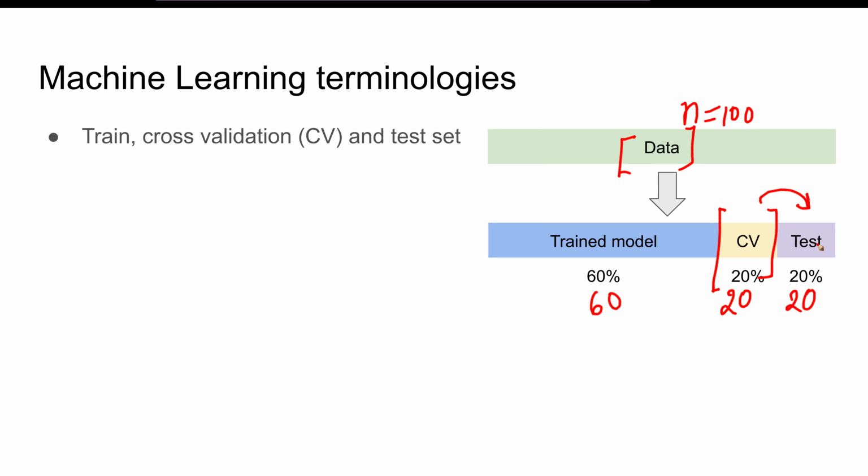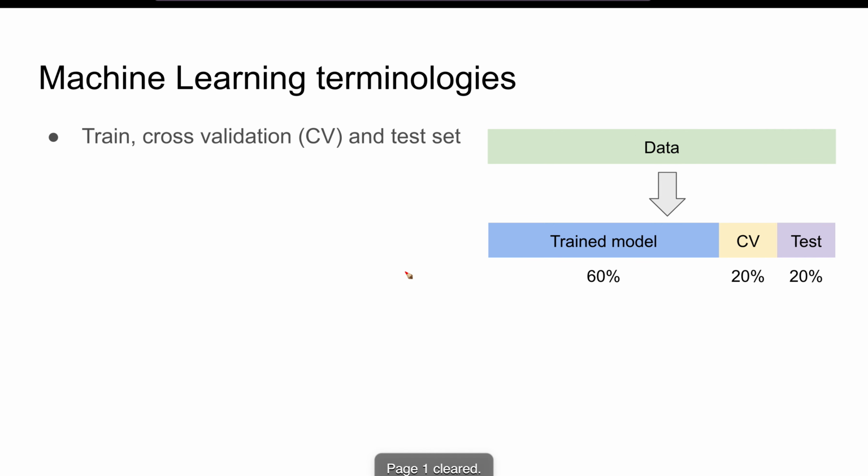And this is supposed to resemble the real world data set on which this trained model should work correctly. So it's important that the predictions on the test set are good after a model is trained.